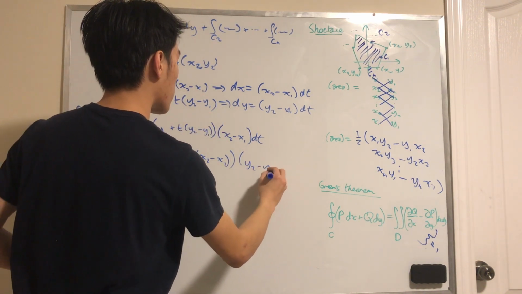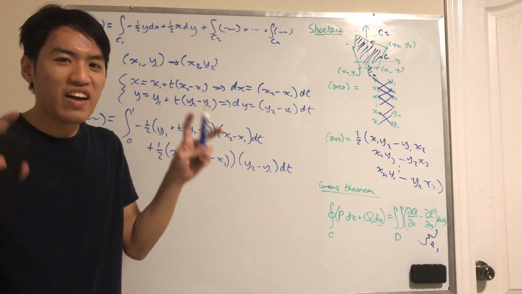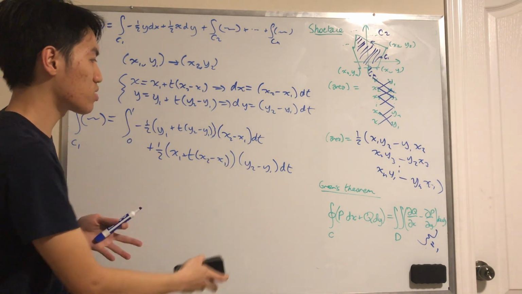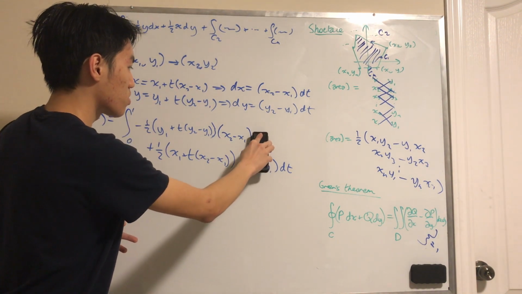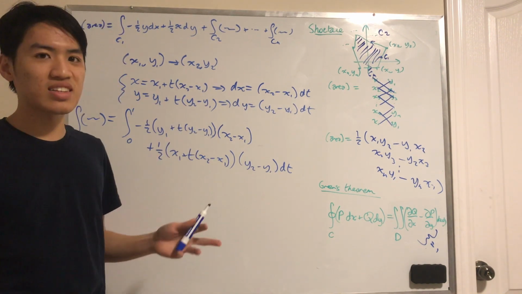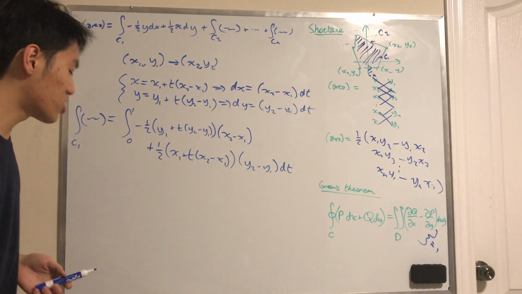y2 minus y1 dt. You can factor out the dt and merge these two integrals together, so we don't have to deal with both parts separately. It turns out that's nice because these expressions are very similar. Hopefully there are some nice cancellations.